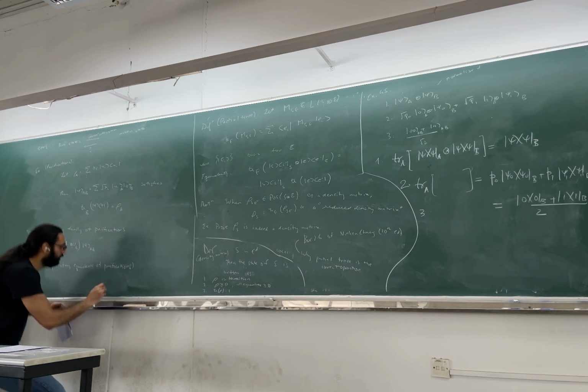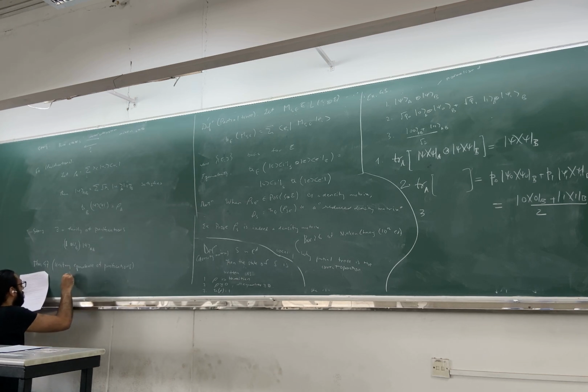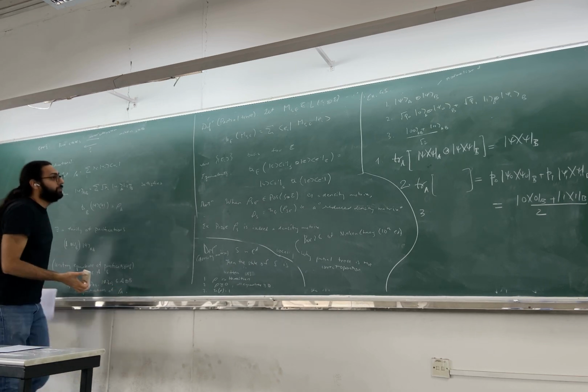Let me restart the statement. Let rho A be a density matrix in system A, and suppose that psi AB and phi AB in A tensor B are purifications of rho A.